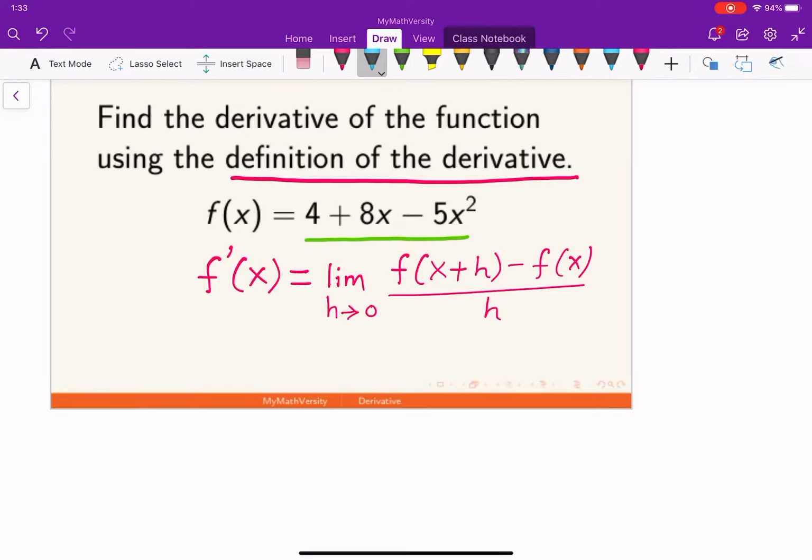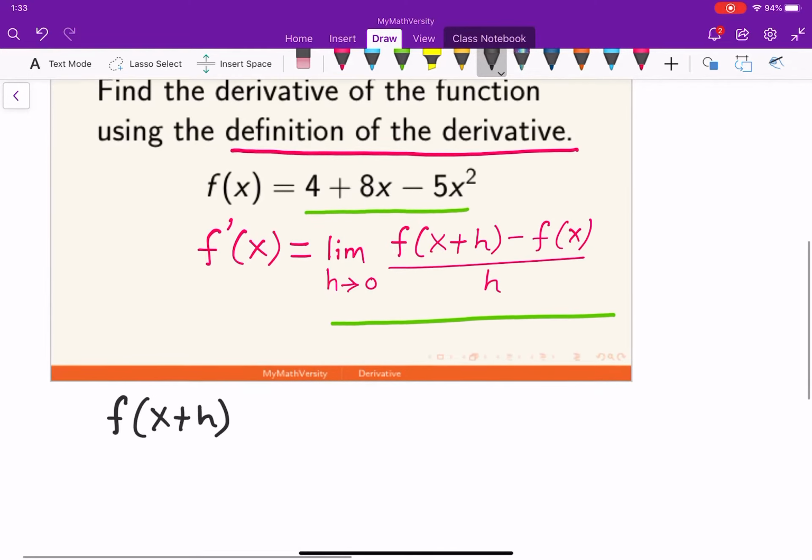To find the derivative by using this definition, what I actually want to do here is call the 4-step process. We can use that to find the limit of this difference quotient. First we try to find what is f of x plus h, and then after that we try to find the difference.